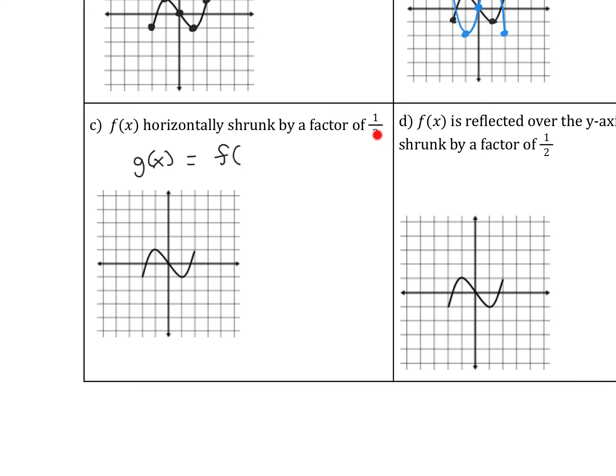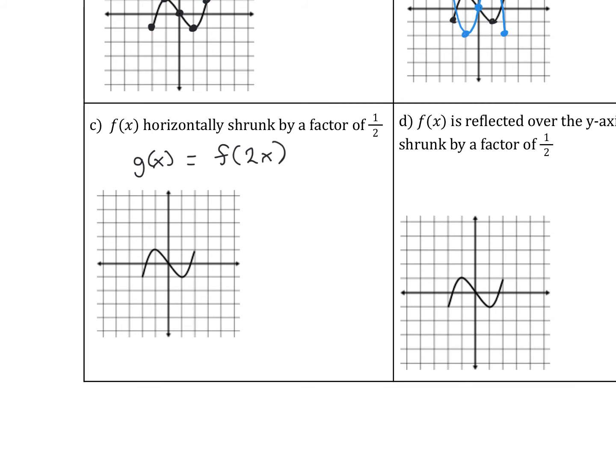So since the factor is 1/2, the b value is actually going to be 2. So it's going to be 2x. So it is still a shrink because the factor is 1/2, but what you see in the equation would be a b value of 2, the reciprocal, again, of the shrink factor.